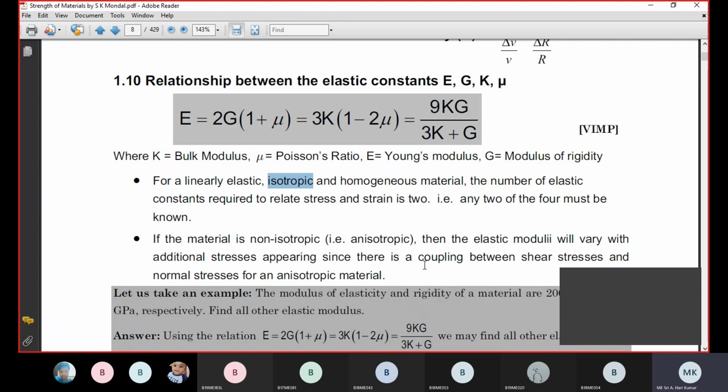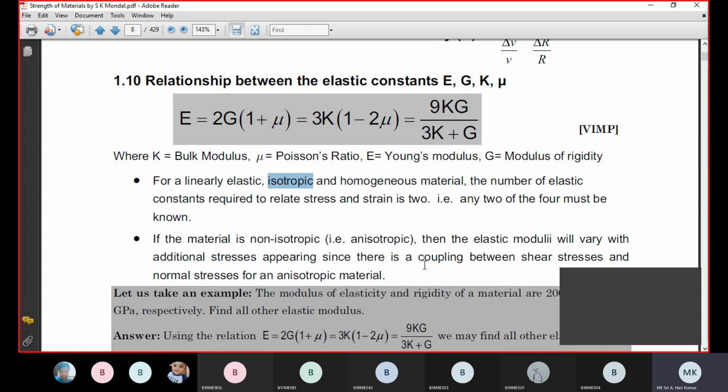But a non-isotropic material is different. All composite materials are orthotropic. People who are doing their projects on composite materials, fourth years or third years working on composite materials, should note that properties vary along 90 degrees because they have a resin and laminates.